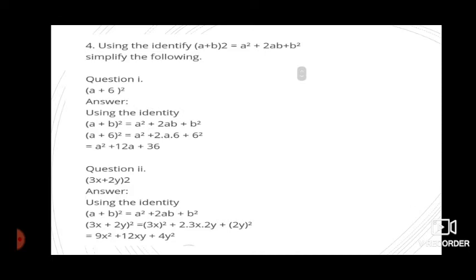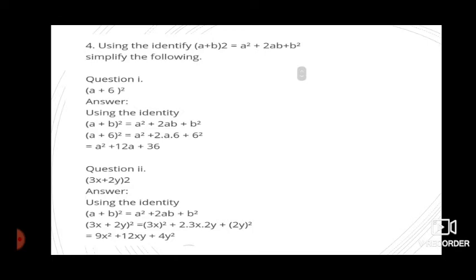So now a square means 3x whole square, plus 2ab, which is 2 into 3x into 2y, plus b square, which means 2y whole square. Now 3x whole square: the square is applicable for both 3 and x.